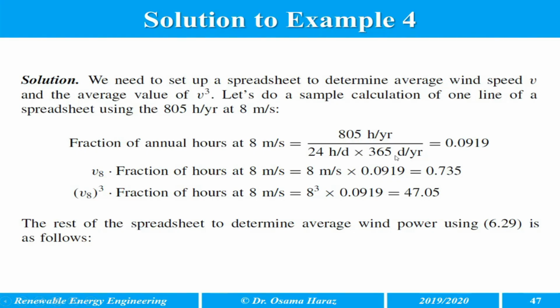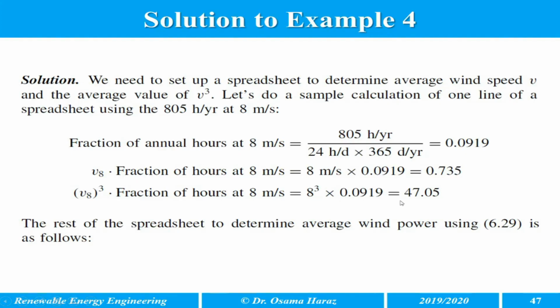So you get a fraction of annual hours at 8 meters per second of 0.0919. Then V at 8 meters per second multiplied by the fraction of hours: 8 times the fraction gives 0.735. Then V cubed times the fraction: 8 cubed times the fraction gives 47.05.